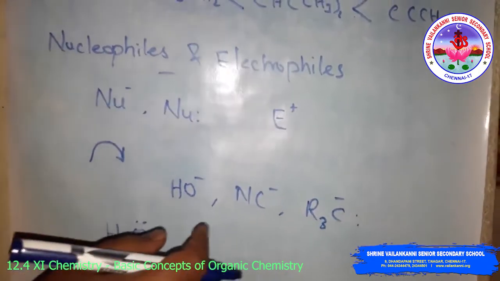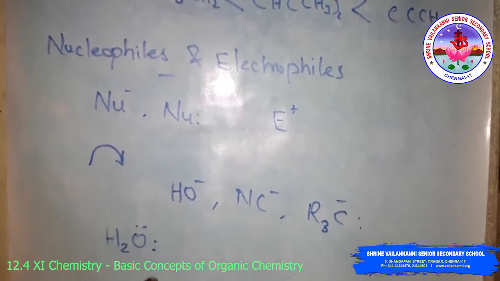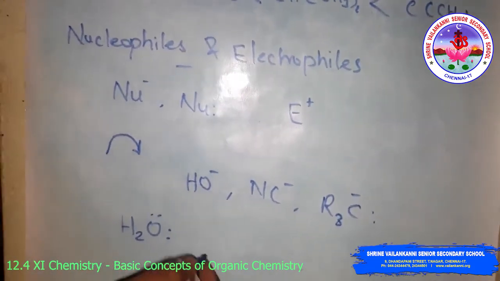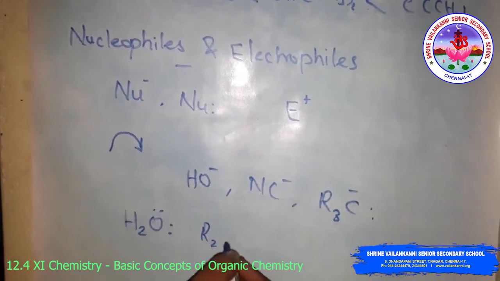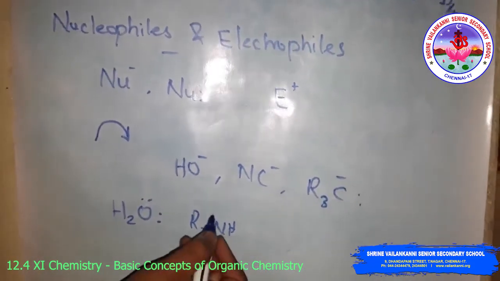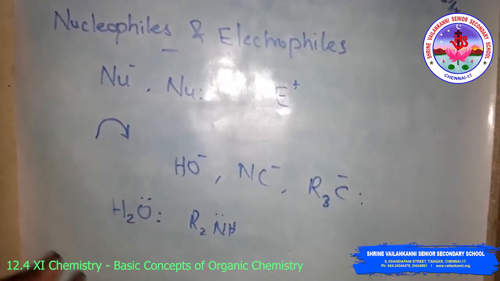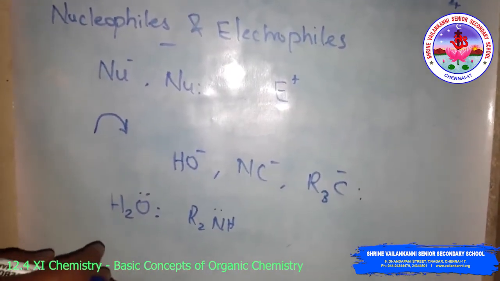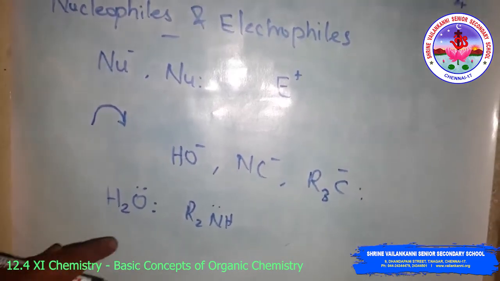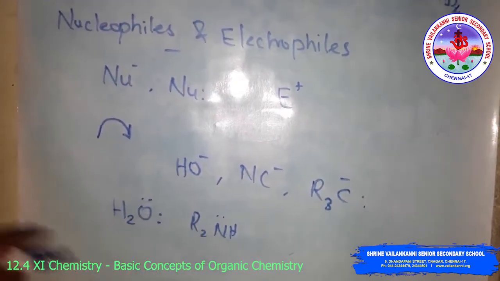These are electron rich. And neutral molecules like H2O, R2NH. So a neutral molecule can also act as a nucleophile due to the presence of a lone pair of electrons.